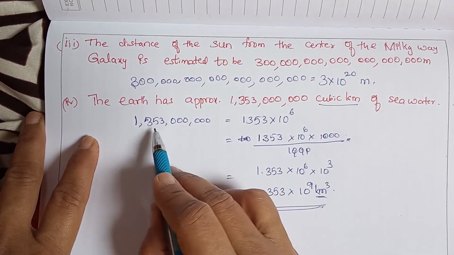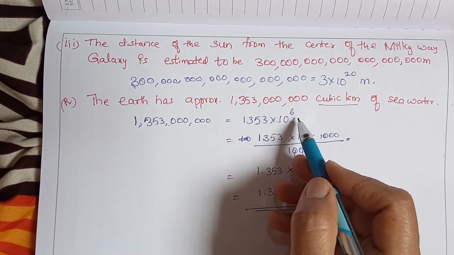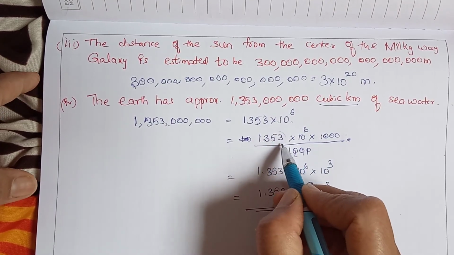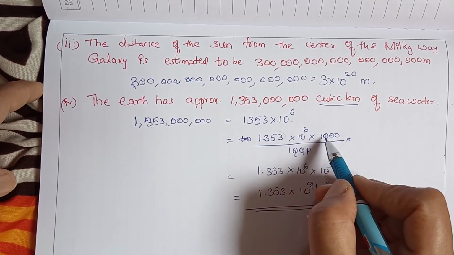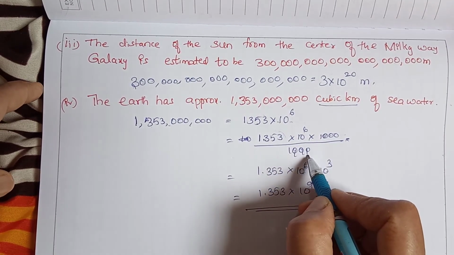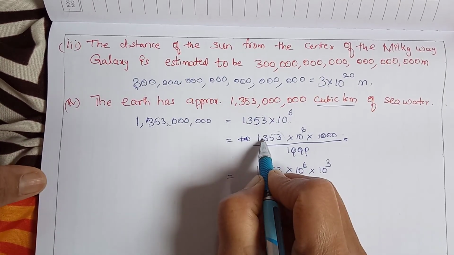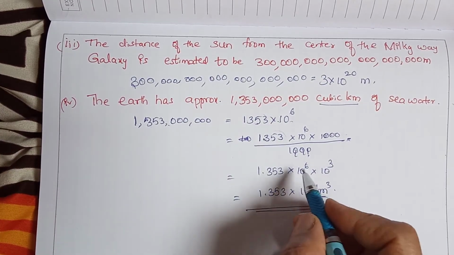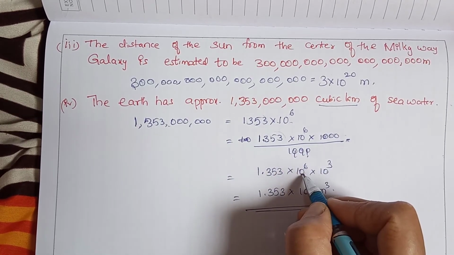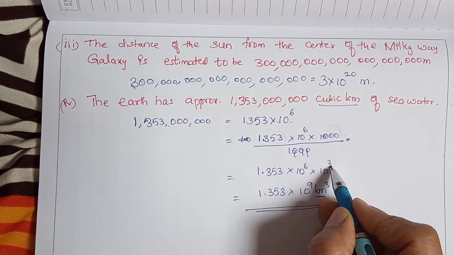So I just separated the 1000 from the remaining zeros. I converted into base 10, and the next 3 digits I have to correct to the decimal. So I just multiplied and divided by 1000. Then the 3 zeros of the denominator I cancelled, and I placed a decimal before 3 digits. Then 1.353 into 10 to the power of 6 is as it is, and this 1000 can be converted into 10 to the power 3.